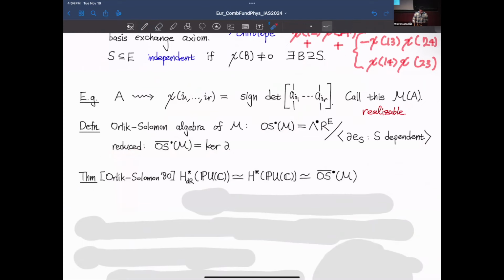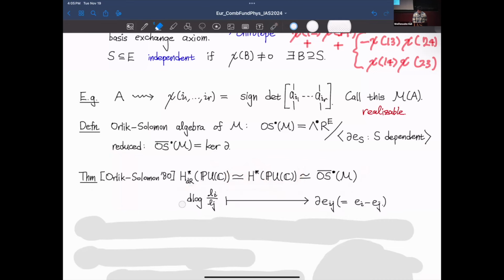And so all this combinatorics is really highlighted by the following theorem, which says that, in the case I have an actual realization of my oriented matroid, so if I have a complex hyperplane arrangement complement, then the Orlik-Solomon cohomology coincides with the cohomology. This part is actually just the Grothendieck comparison, but in any case, these cohomologies are actually purely combinatorial, and the map is you send the d log form of the linear functional that we had.